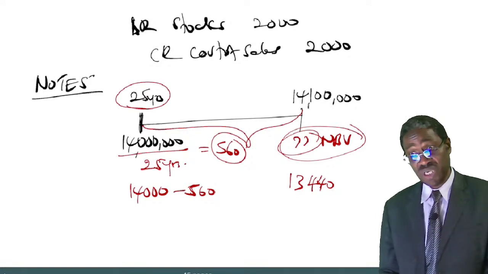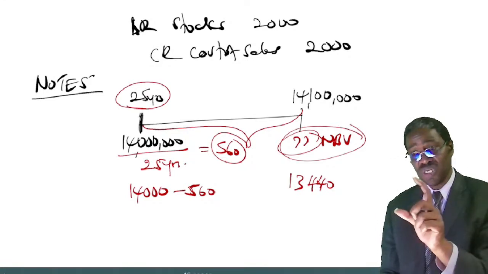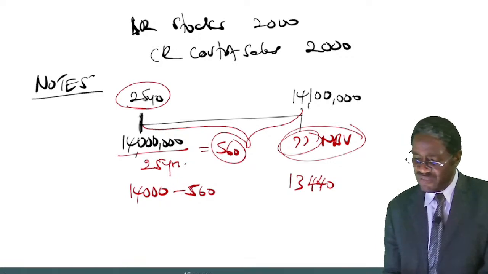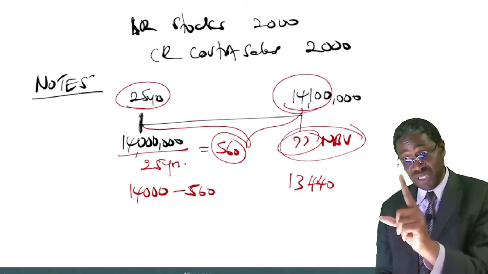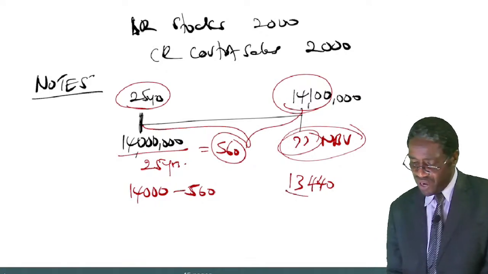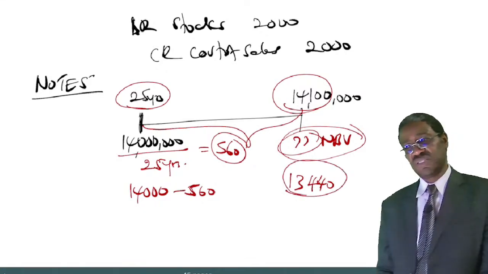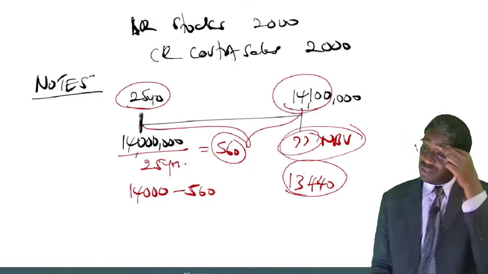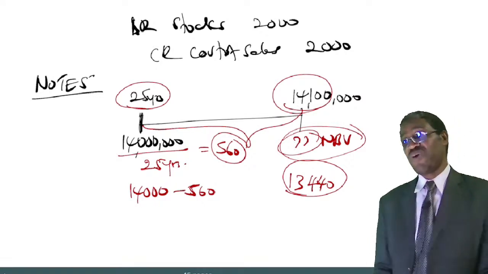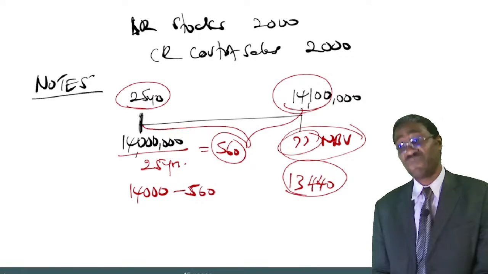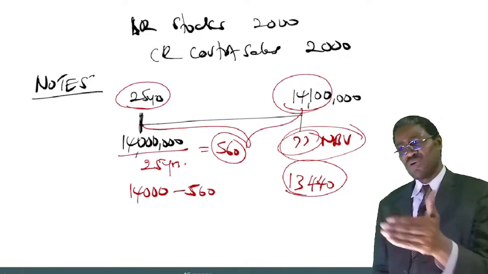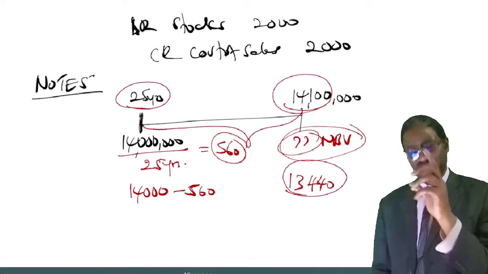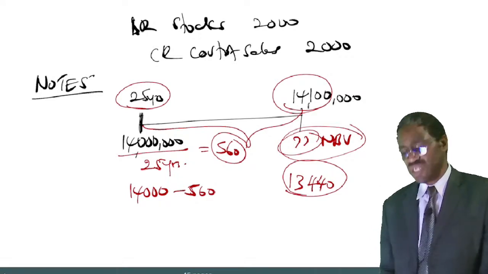13,440. Okay? Now listen carefully. Now you know the fair value to be 14.1 at the end of the year. Now you know the book value at the end of the year. So we can argue by saying, if our asset had a book value of 13,440 at the end of the year, and it was revalued to 14.1, it is obvious there was a gain on revaluation.